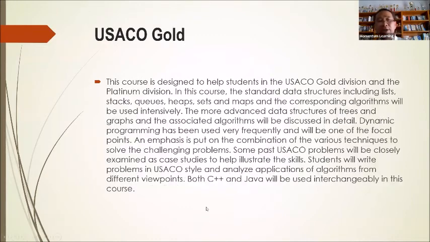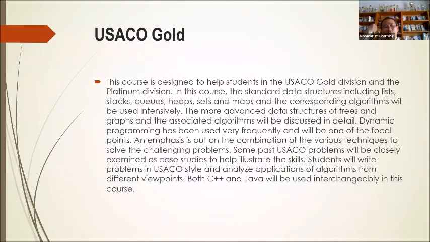Okay, the gold, in terms of the coverage, would be very similar to platinum. We have about 6-7 topics covered in this class. For each one, we're going to introduce the idea and explain how it can be used.